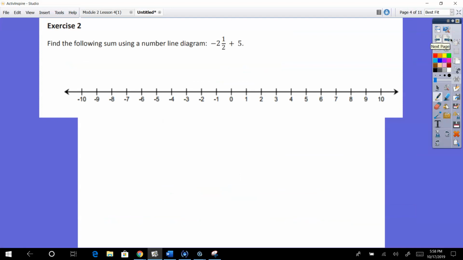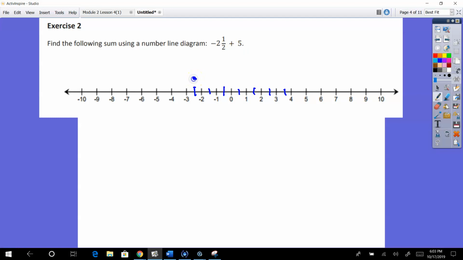Okay, exercise number 2. So go ahead and pause the video. It might be helpful if you make the little halfway marks between each. Okay, so I had to start at a negative 2.5, so I was starting right here, and then I had to go to the right 5.